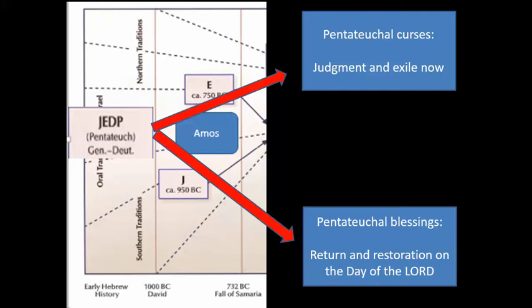JEDP really means Moses. Moses, the author. We're talking about one author. So everything that Amos, the author, is bringing in for his covenant lawsuit against Israel, he's bringing in Pentateuchal curses, judgment. He's building the case for judgment and exile, but he's also bringing in the Pentateuchal blessings from places in the book of Deuteronomy, for example, and pointing ahead to this coming day, this restoration on the day of the Lord.